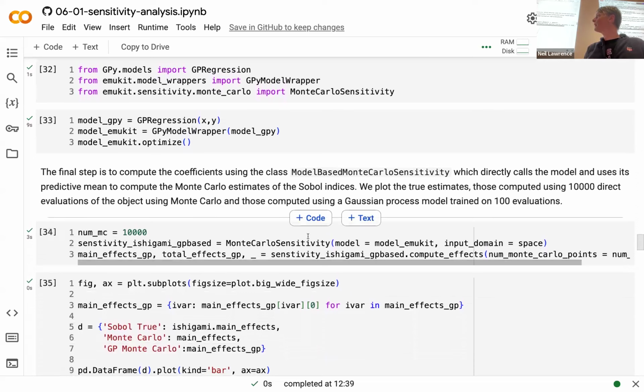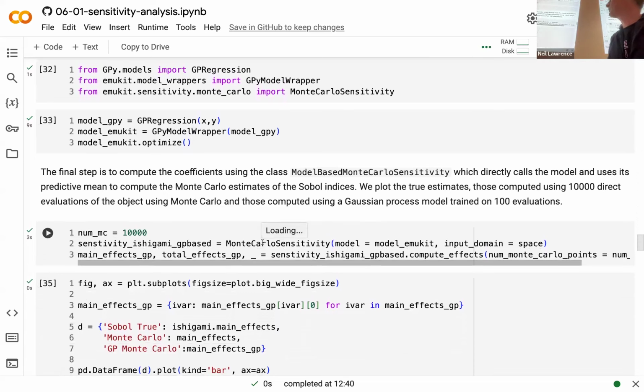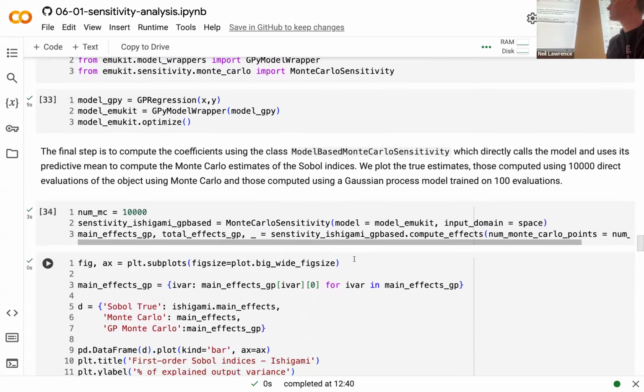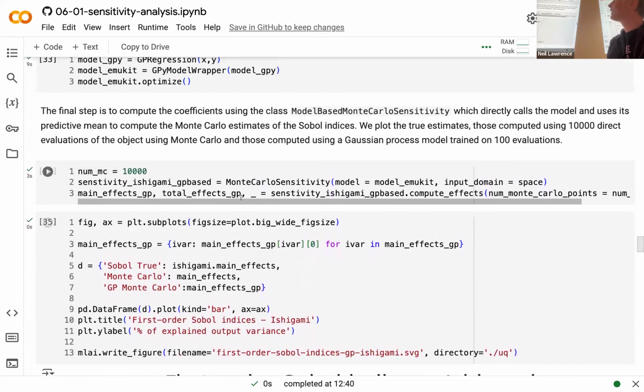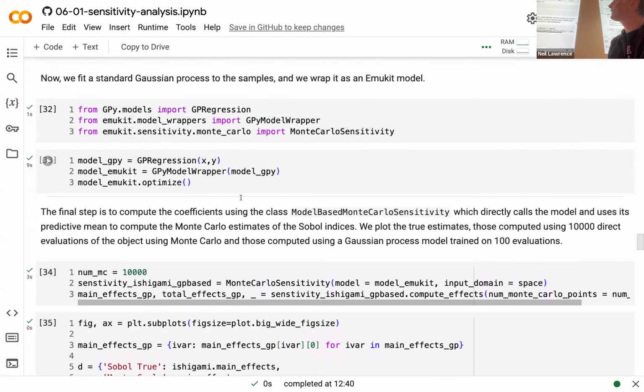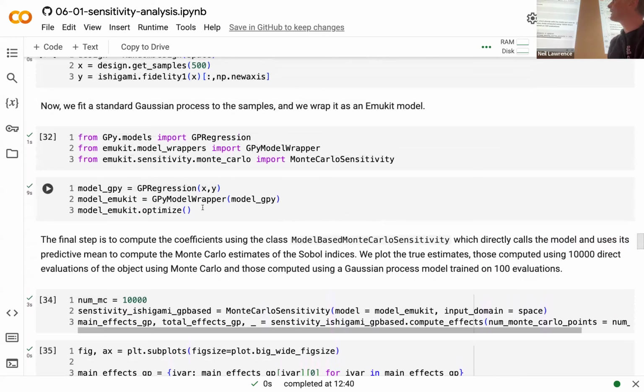And then when we're doing the emulator things, we now include compute effects, GP based. So that's just somewhere up here, GP regression model wrapper. Oh yeah, so that's just optimizing there, right?